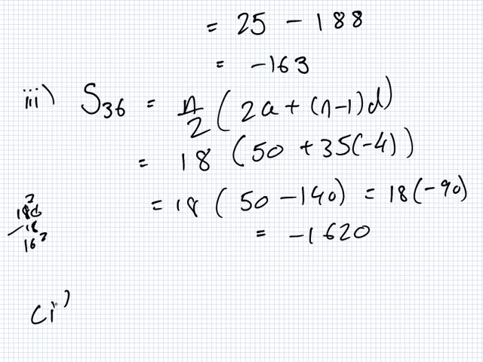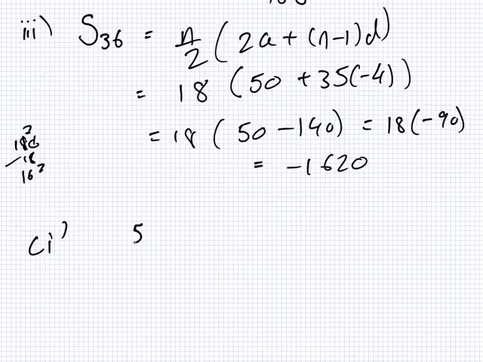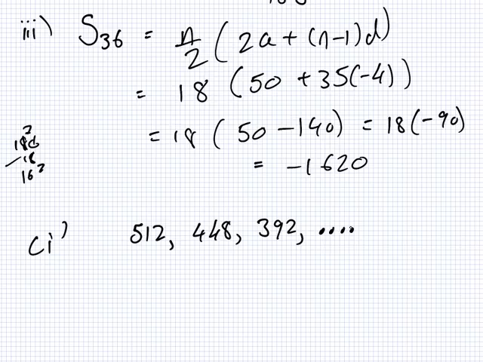A geometric progression is given by 512, 448, 392, etc. Find when it is less than 1. So obviously it's getting smaller. At some point it will be smaller than 1.